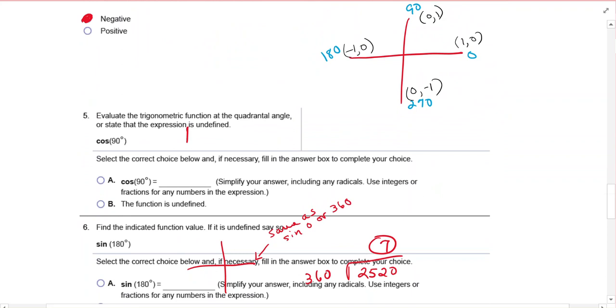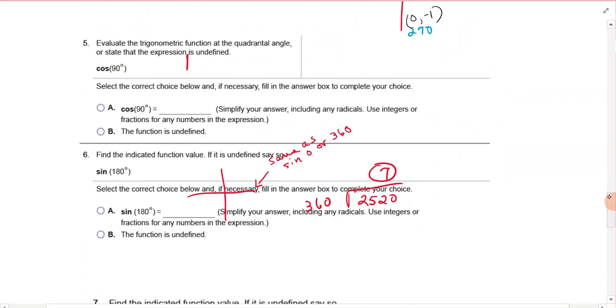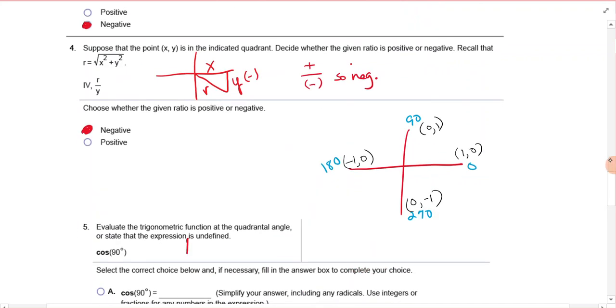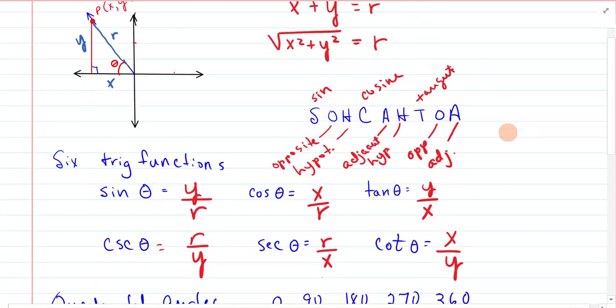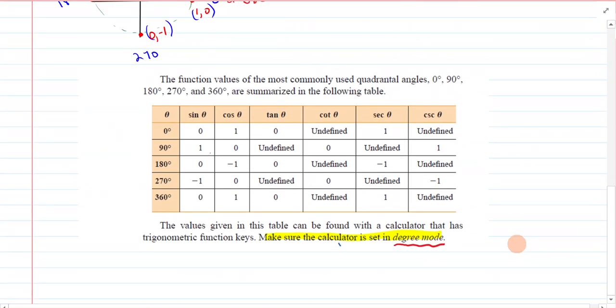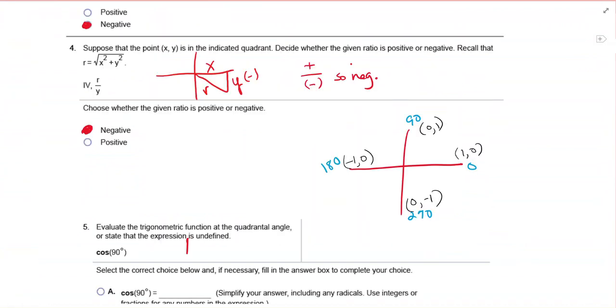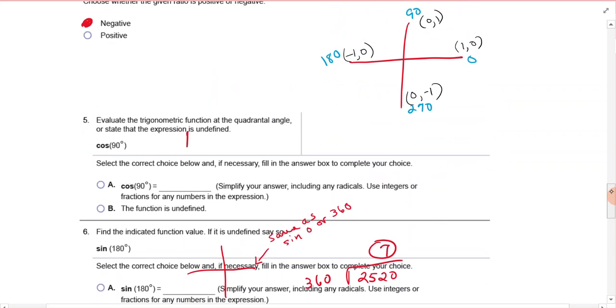Evaluate cosine of 90. Remember, if we went back to our lecture notes, those were down in our little chart, and cosine of 90 is 0. So you'll begin to just know those. So we'll get that.